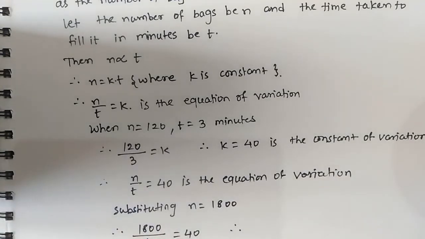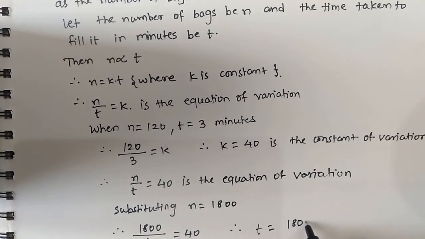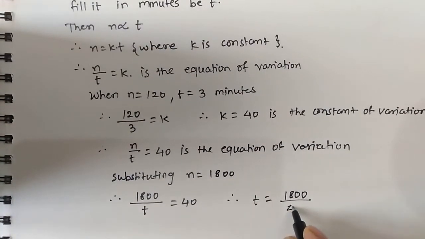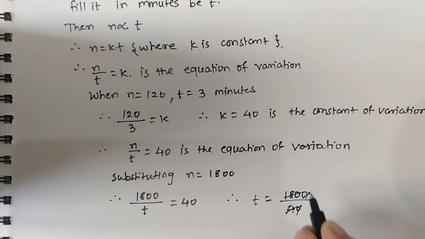Therefore t is equal to 1800 divided by 40. So the zeros cancel, 4 fours are 16, 4 fives are 20.